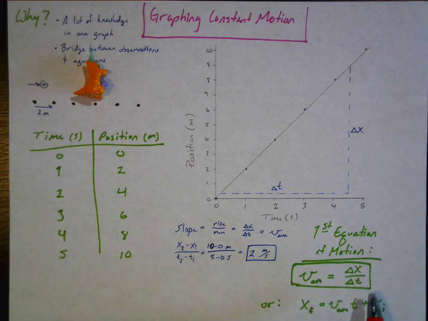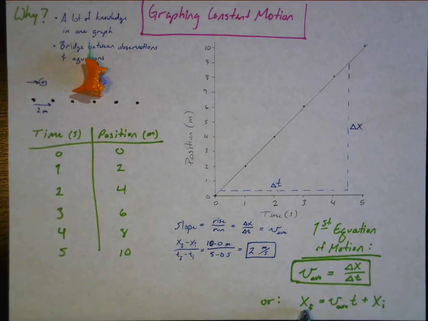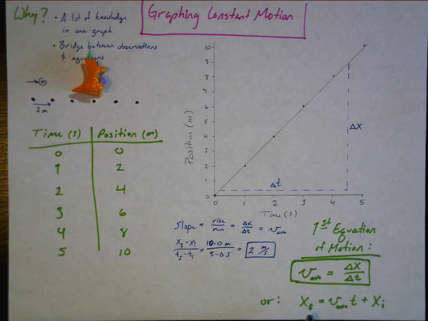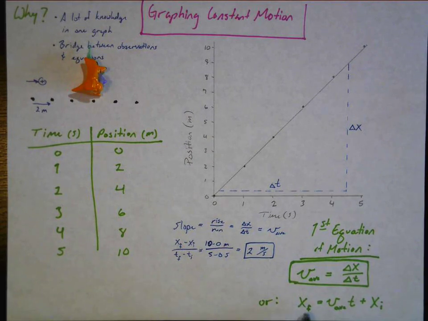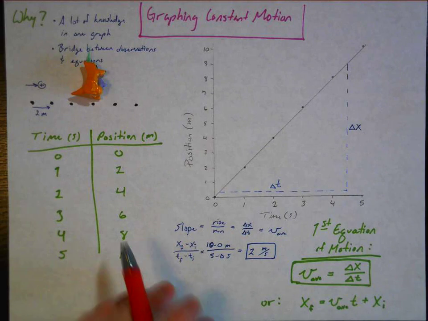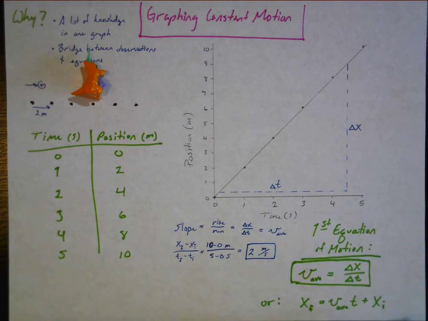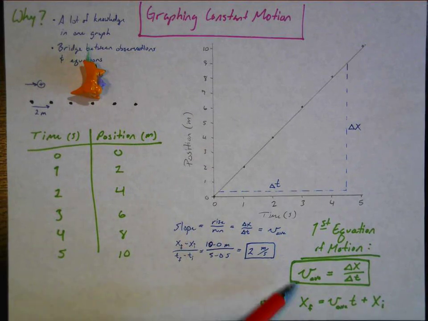So if you do that, it's quite often helpful to rearrange this equation and solve for the final position, because quite often you'll know the initial position, you'll know how much time goes by, and you'll know the average velocity, and you'll want to find how far the object goes. This is just a different form of the same equation. These two are the same equation. Don't think that they're different. It's just a different look to it.